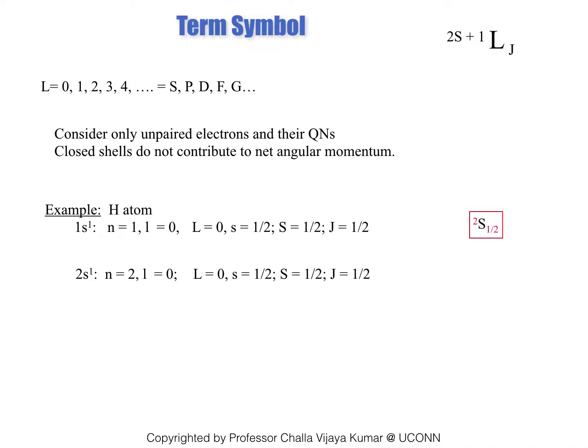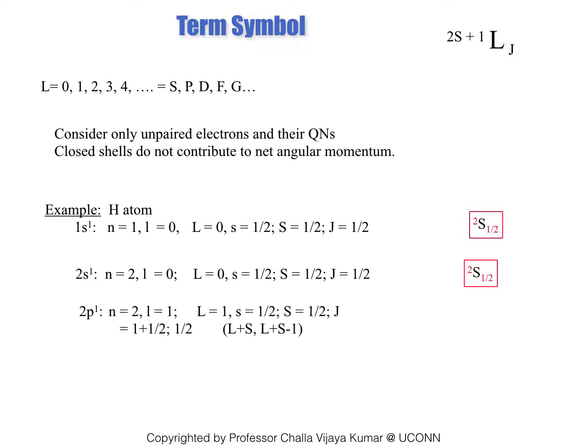Since you only have one electron, the spin angular momentum quantum number is 1/2. Therefore, total spin quantum number, capital S, is 1/2, and J is still 1/2. So we still have a doublet S 1/2 state. It's actually the same as 1s1; 2s1 is the same as ns1.